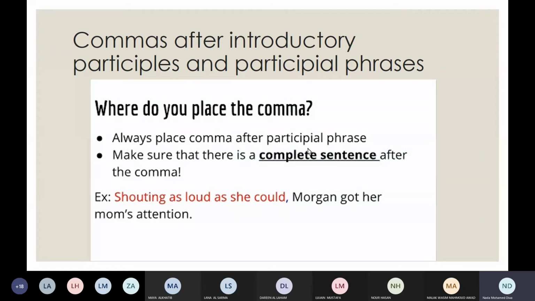Here it's telling us that we should place a comma when we have a participial phrase at the beginning of the sentence, which acts as an adjective or it can be an adverb. For example, as it says here, "Shouting as loud as she could," we place a comma after it because it's a participial phrase, and then after it we have an independent sentence. Yes, dear.